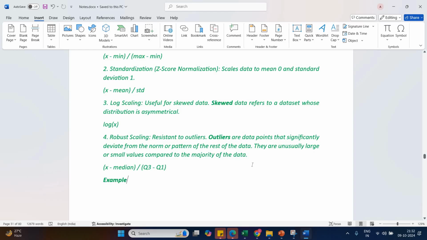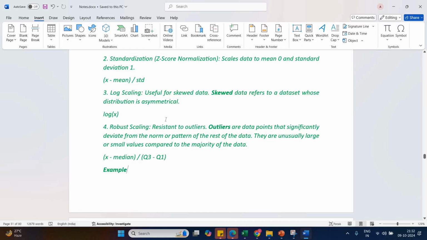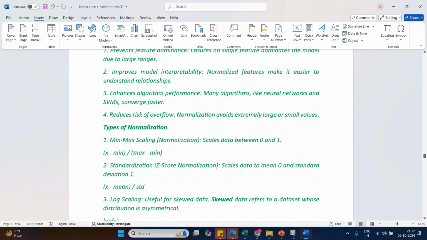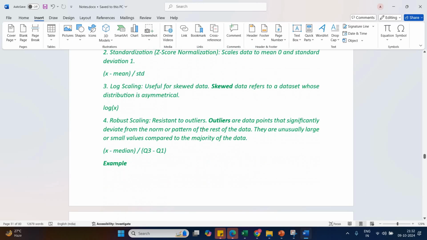Okay, so you just need to understand the concept related to data management, or you can say feature scaling. So this is called robust scaling.